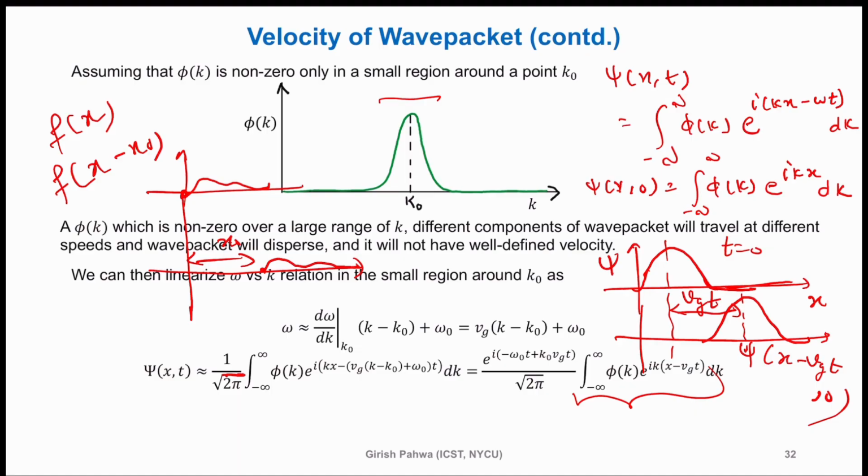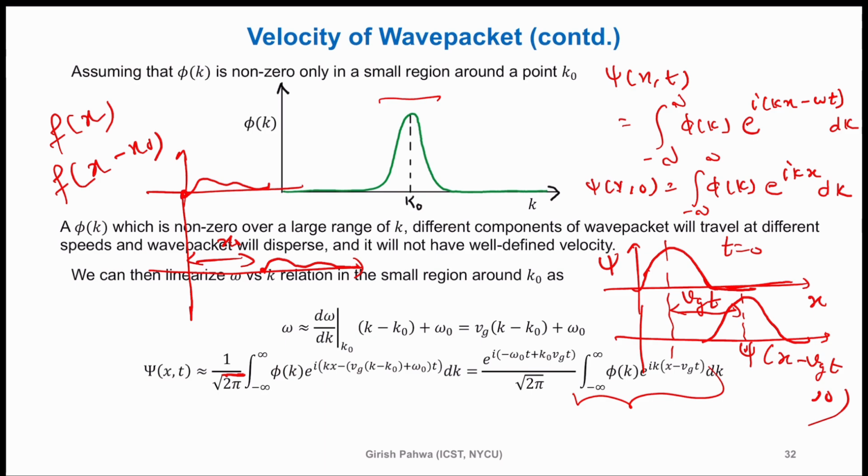Now, if I am displacing something by Vg times t, what will Vg denote? Its displacement is Vg times t. So Vg is the velocity with which this wave packet is going to move. You get that?